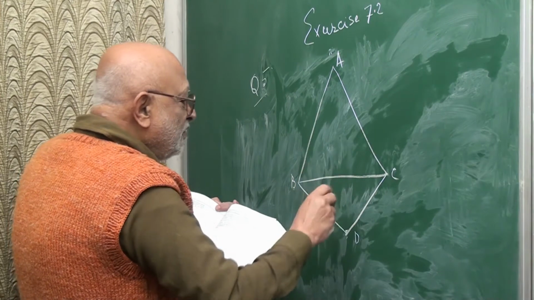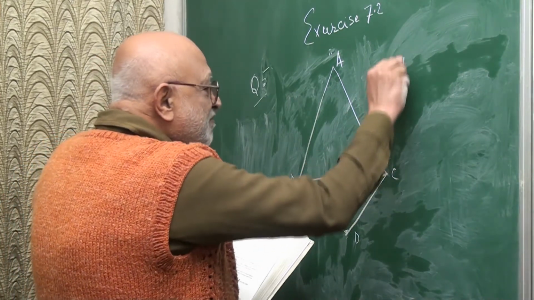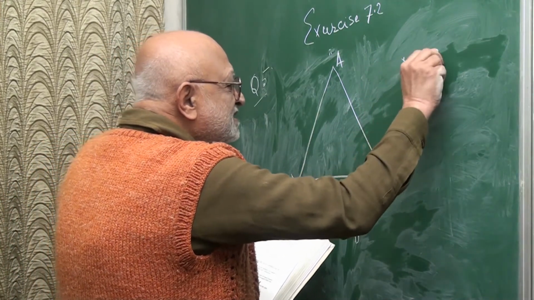This is given: AB equal to AC because it is an isosceles triangle.